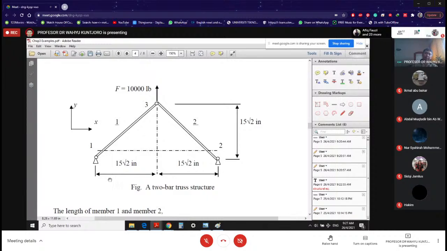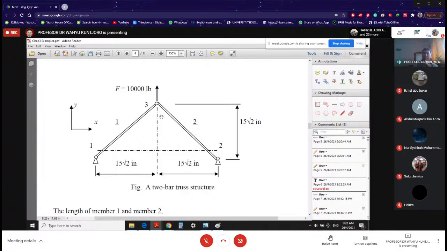Okay, now let's look at displacement. Displacement at node number 1 and at node number 2 are 0. D1x, D1y, D2x, D2y are 0 because it is a pin joint. It is not a roller, right? It is a pin joint, so it cannot move in the prescribed axis directions, x and y.